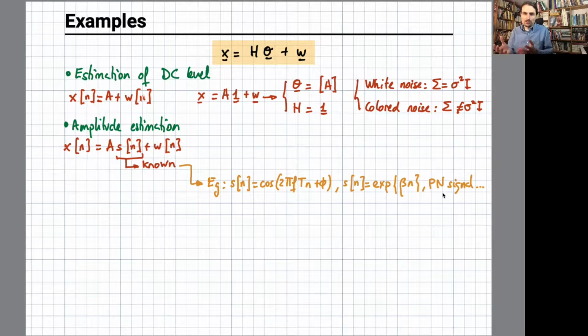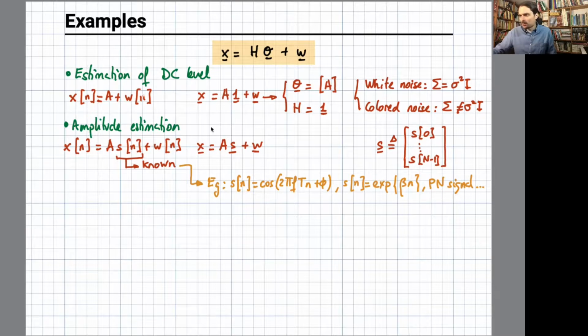So one can think of, for example, an application where one device transmits a pulse or a signal, and then another device receives that signal and perhaps wants to estimate the amplitude to determine how far the transmitter is, or perhaps there's some material in between transmitter and receiver, so perhaps it wants to determine the absorption or something like that, right?